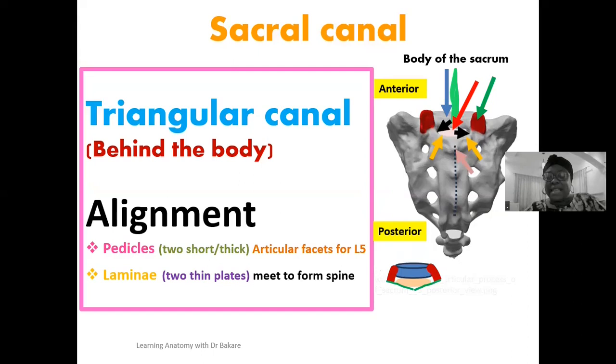And at this midline region, you see them uniting to form the spinous tubercle. This spinous tubercle will then go down from S1 to S4. So the structure seen here is for the first sacral vertebra. The second sacral vertebra will also present this kind of configuration where the two laminae unite at the midline region to form the spinous tubercle.